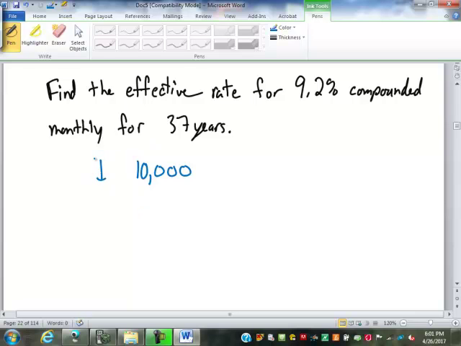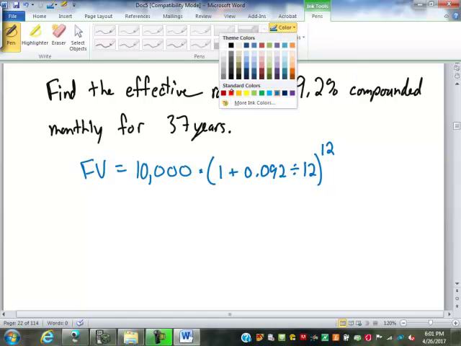So I'm going to figure out the future value. This is compound interest, right? So my future value is $10,000 times 1 plus 0.092, that's my rate, divided by 12, because it's monthly. Now here's the one that you're going to get tripped up on: to the power of... why did I just put 12 up there?